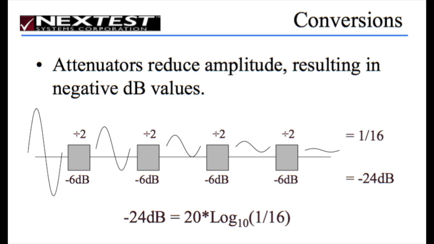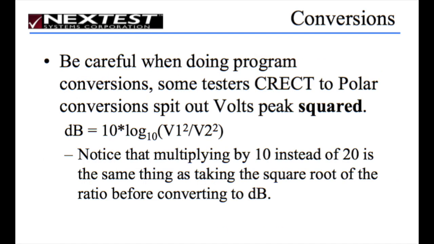It's minus 24 dB. Be really careful when doing program conversions. That was kind of advice to my students, because some testers see rect polar conversions spit out the voltage in peak squared. So that was an issue. Now, David did that early on in the STS 3000, because the array processor, the thing that did the math to do all this stuff, it was really tough.